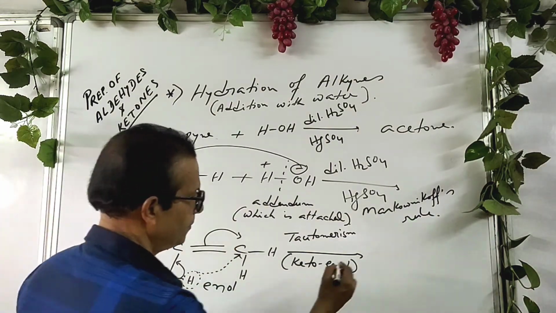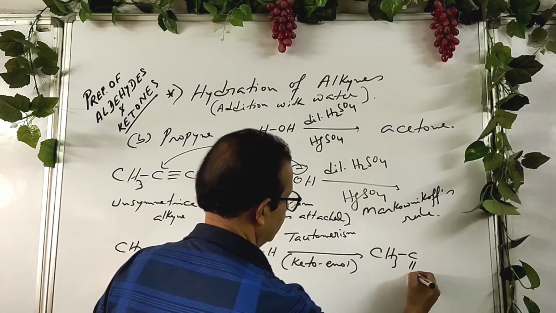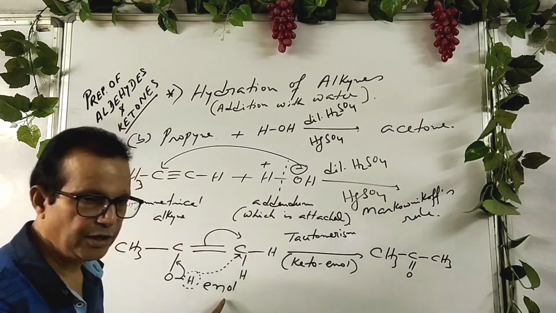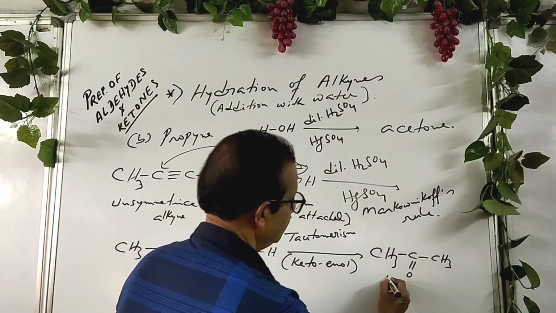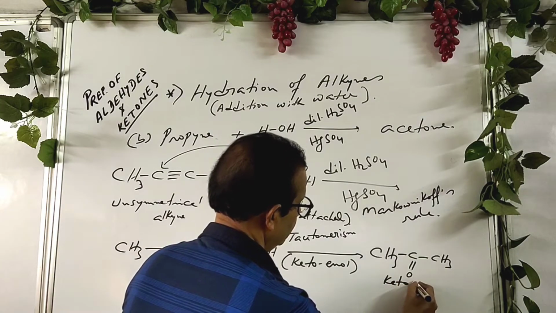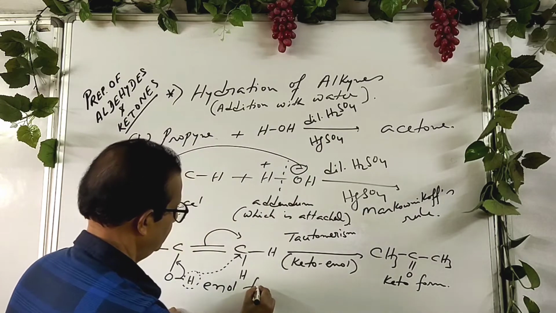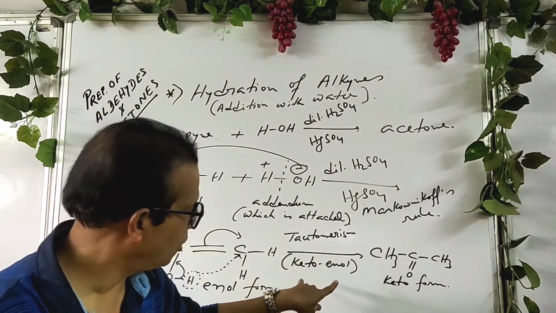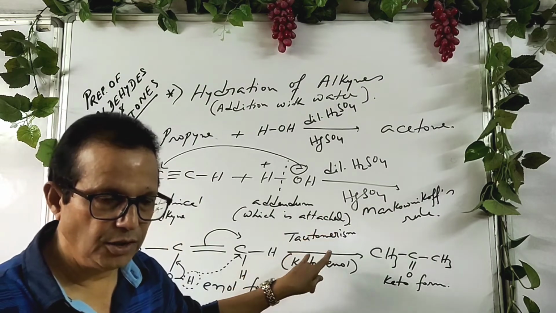So you get, this is enol form and this is keto form. Ketone group is there. Hence, this type of tautomerism is called keto-enol tautomerism.